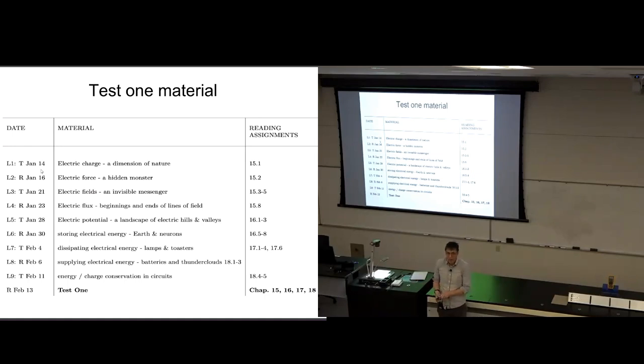So is this a list of material that is in the syllabus? It's all our material on electricity. So it's the sort of theoretical work we did on electricity with Coulomb's law and the electrical force between electrical charges, and thinking of Coulomb's law in terms of electrical fields and electrical fluxes and electrical potentials to understand Coulomb's law.